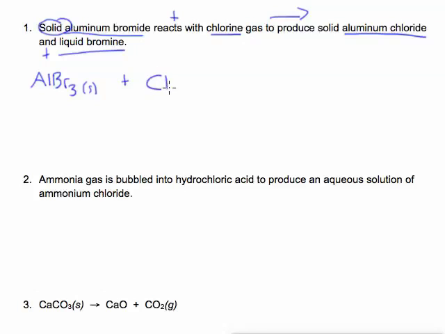And a gas. To produce aluminum chloride, when you drop and swap that, and it's a solid. And liquid bromine. Bromine is also a diatomic molecule. So make sure that has that too. So we've taken all the words and turned them into symbols and numbers.